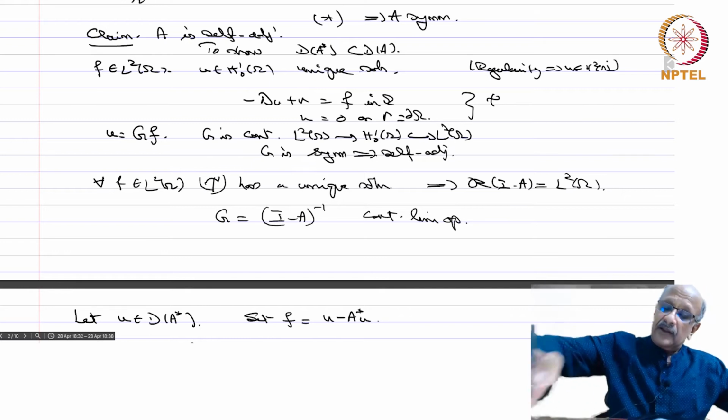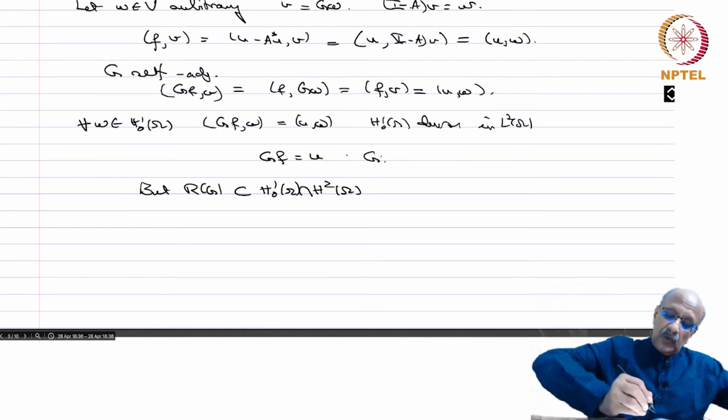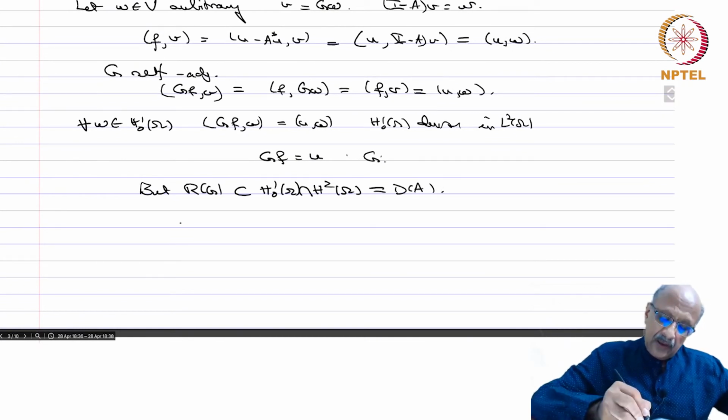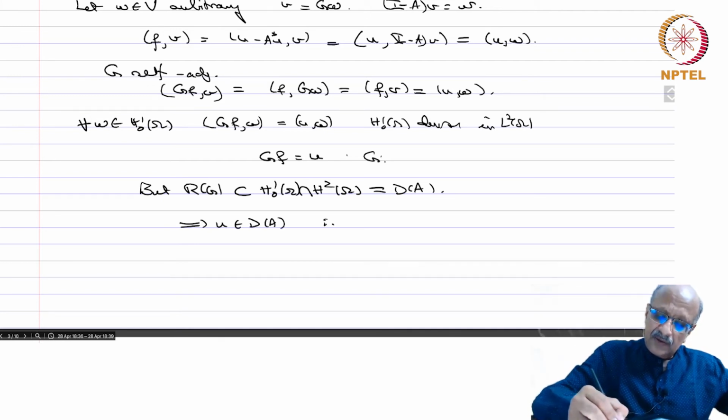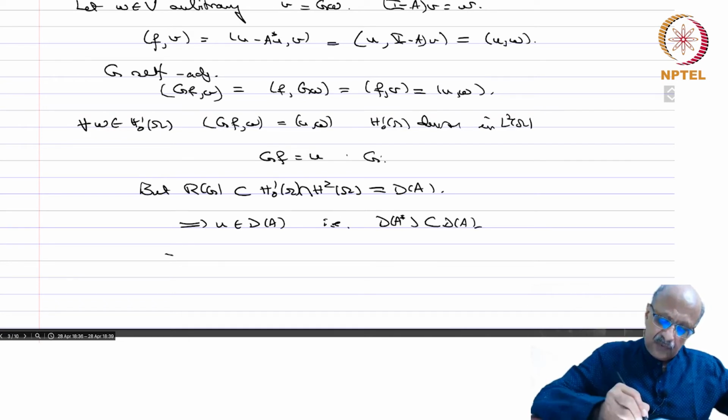Okay, that is the regularity theorem, that is why we have this class. Therefore the range of G is in D of A. So this implies that u is in D of A, that is, D of A star is contained in D of A, and that completes the proof. Therefore, this implies that A is self-adjoint.